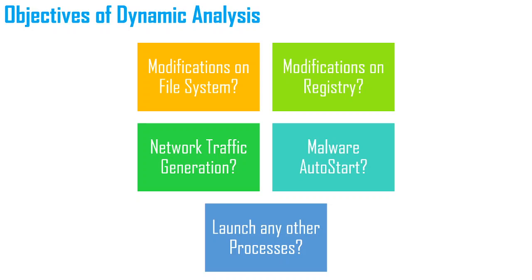I'm going to monitor the network traffic. If the malware generates some network traffic, I'm going to monitor. If this malware is going to auto start and be persistent in my system, I'm going to monitor. If this malware launches any process, then I am going to monitor. So these are all the objectives of dynamic analysis.